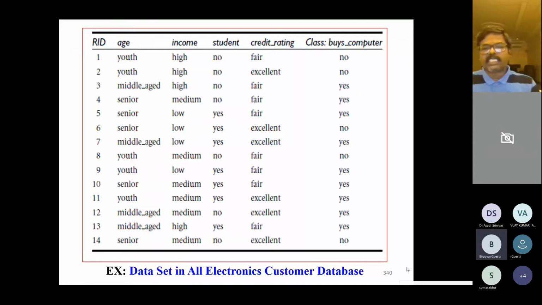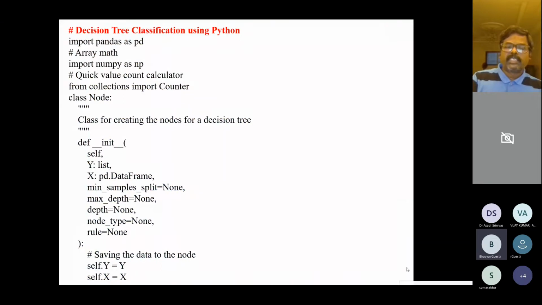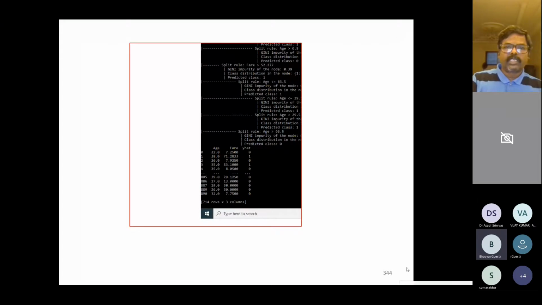Then this is the data set I have taken, AllElectronics customer data, your textbook data. Then this is the diagram for that AllElectronics data. And now I am going to demonstrate a decision tree algorithm. See, this is the output I got.